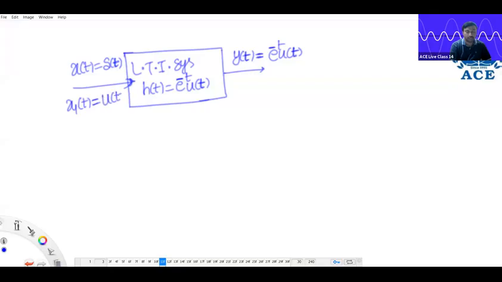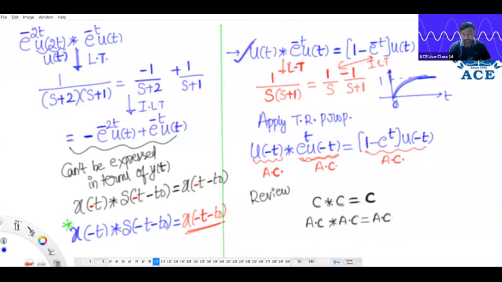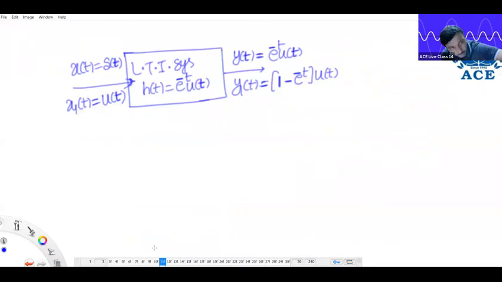Suppose we applied u of t, sir. Just now we have seen the output as 1 minus e power minus t, u of t. In the last slide we used that formula. When you apply u of t as input to the decaying system, the output is like this.